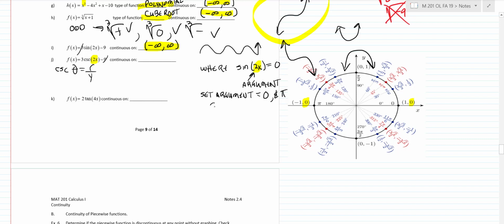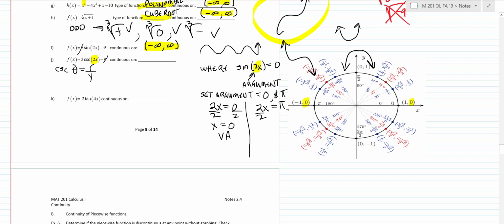So first thing I'm going to do is 2x equals 0, solve that equation, then 2x equals pi, and the result of these equations will give me two vertical asymptotes, and then that should be enough to figure out the pattern. So we divide by 2 here, we get x equals 0. That's where a vertical asymptote is.